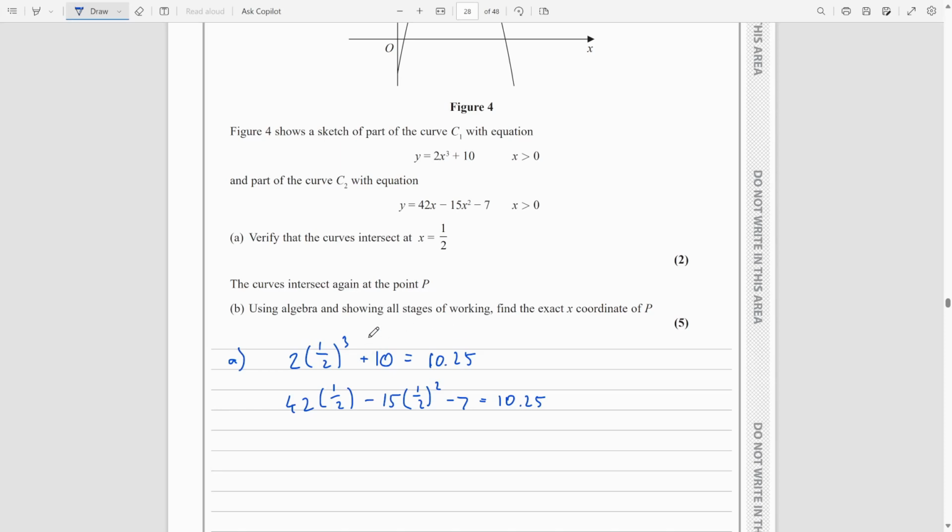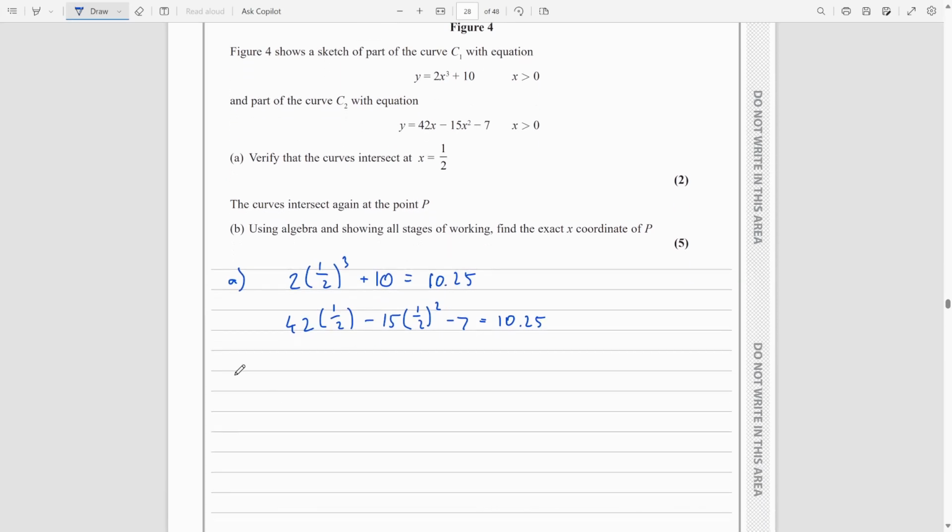All right, so it's basically setting these equations equal to each other in the knowledge that one of the solutions is x equals half, and also with the knowledge that we only want positive solutions because both of these are defined only for positive values of x.